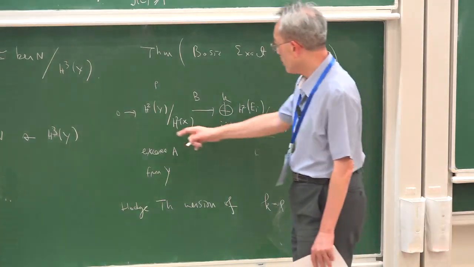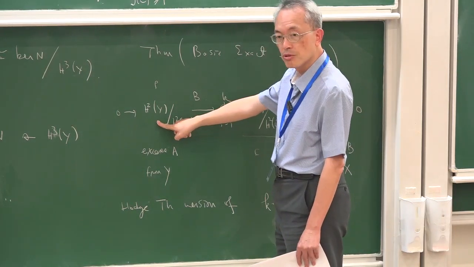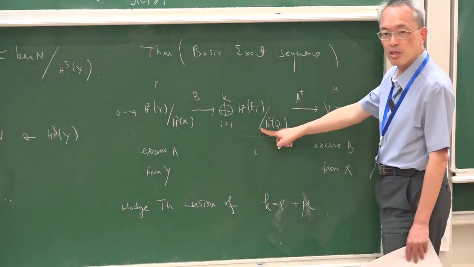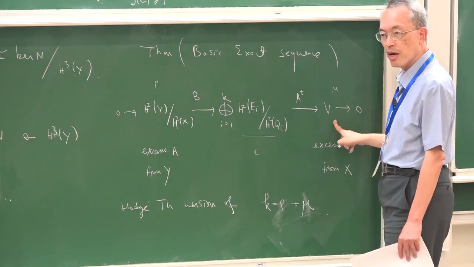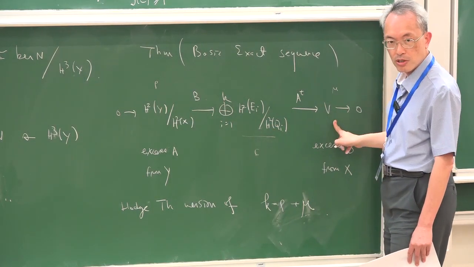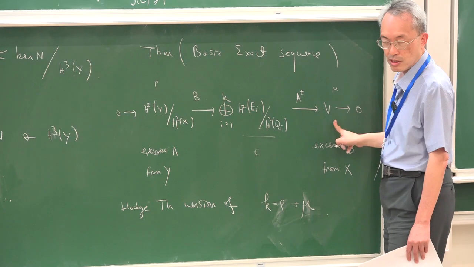You observe the Hodge series here is weight 2, and here is weight 2. But B is originally the vanishing cycle, so it's weight 3. So it looks inconsistent.